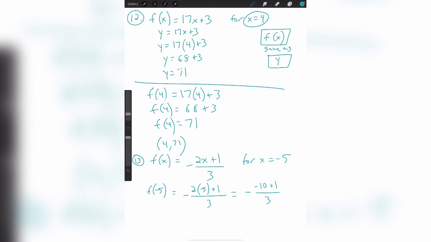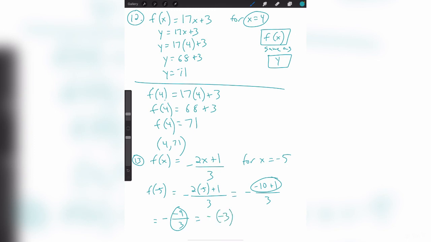Okay, and then I go through a little bit more, and I'm going to go ahead and just move from that line. Negative 10 plus 1 gives me negative 9, and there was a negative out in front of there, excuse me. So negative 9 divided by 3 gives me a negative 3.